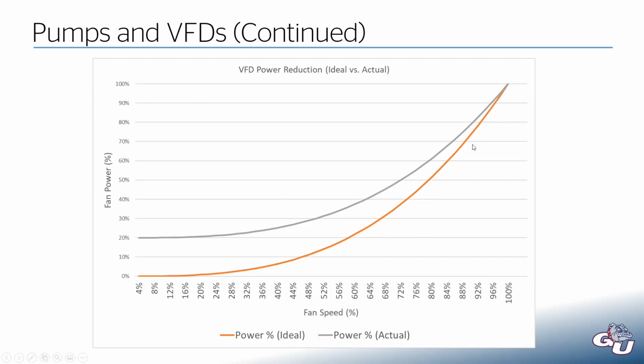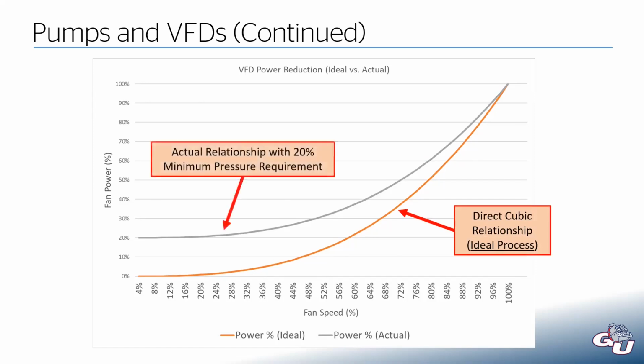This orange line would be an ideal cubic relationship. So you can see, even if we get down to 70% load, we're already down at about 30% fan power. And then it just goes lower from there. So that would be our ideal process.